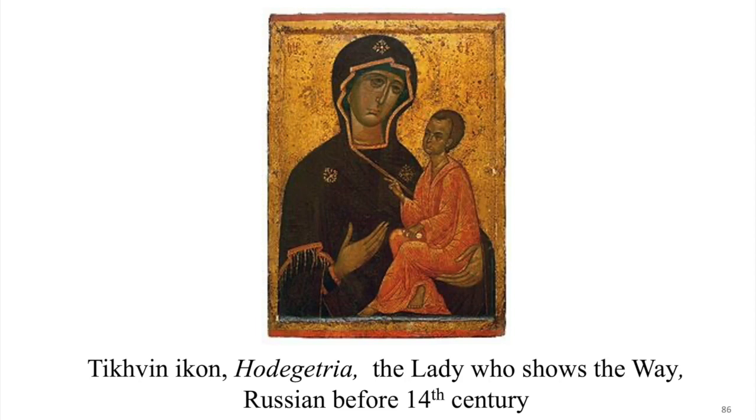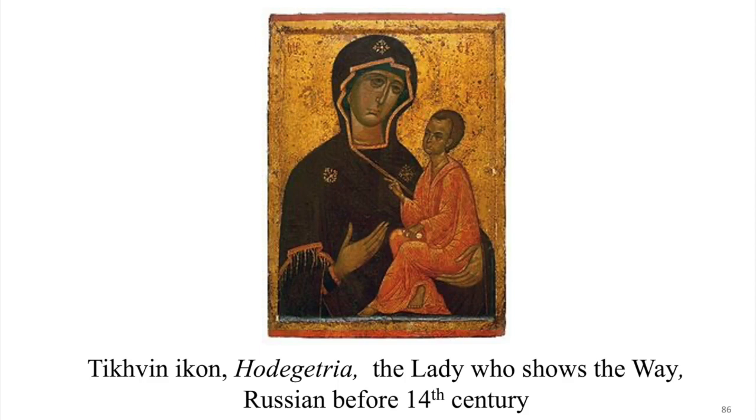Now, other icon types are also rooted in titles for the lady. One of the titles for the lady was the Compassionate One, and another very well-known icon style where Mary is cuddling the baby up next to her cheek. That is also known as the Compassionate Mother.